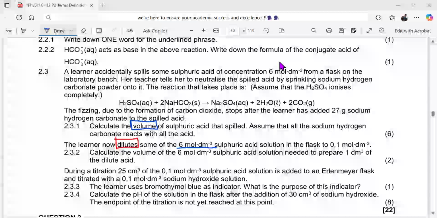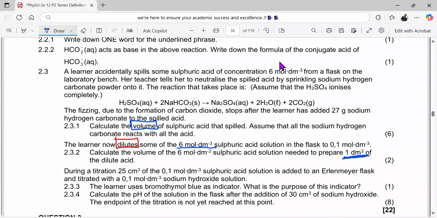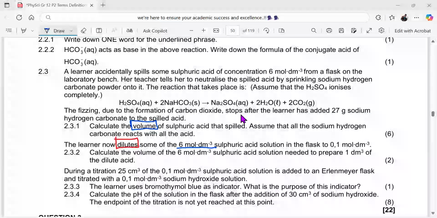Well, the question says, what was the initial volume so that the final volume is 1 cubic decimeter, given that we diluted the initial solution? So that's what they are saying.